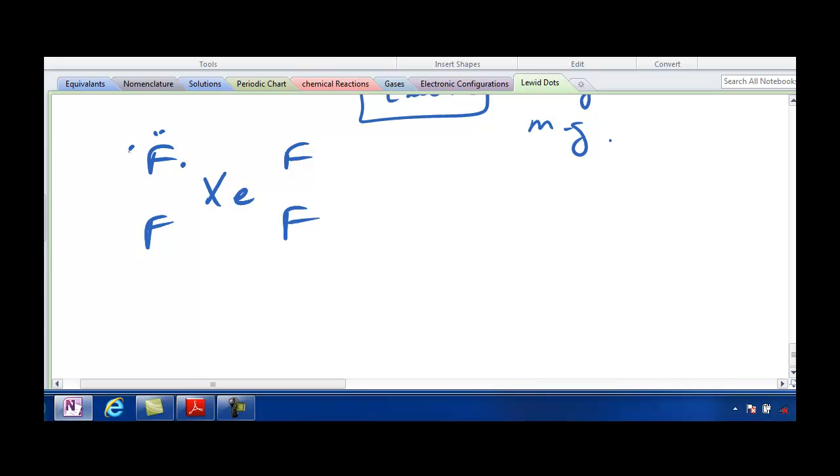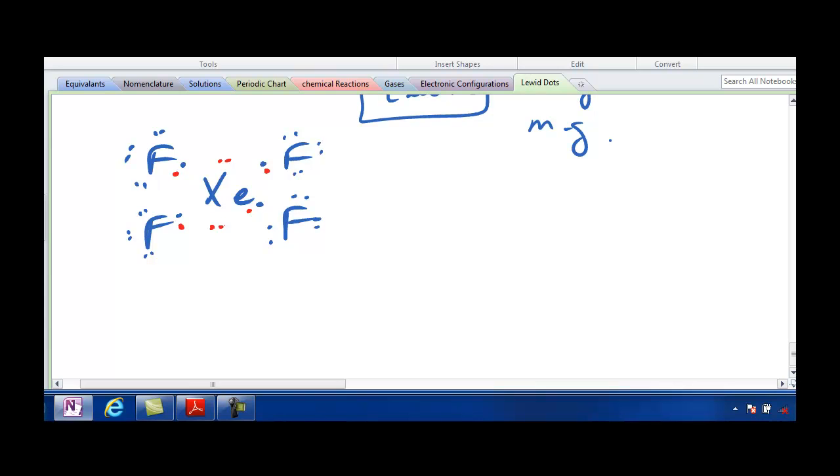The other 6 are not shared. 2, 4, 6, and the 7th one's shared. And xenon is what group? 8. 1, 2, 3, 4, 5, 6, 7, 8. So I have this big mess of dots.